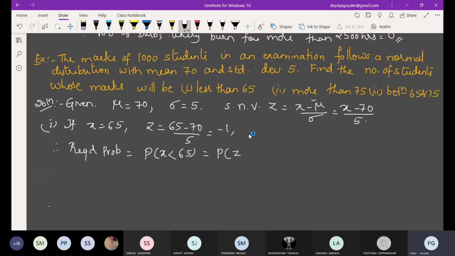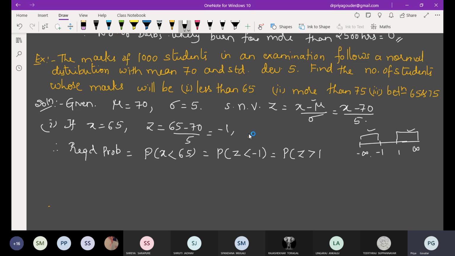So X less than 65 means Z less than minus 1. If it is negative, what is to be done? Convert it to positive. Actually we wanted from minus 1 to minus infinity, and we are changing it to 1 to infinity. The length of the interval is the same.